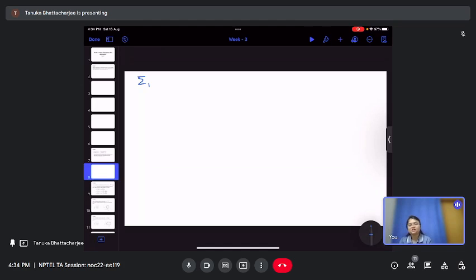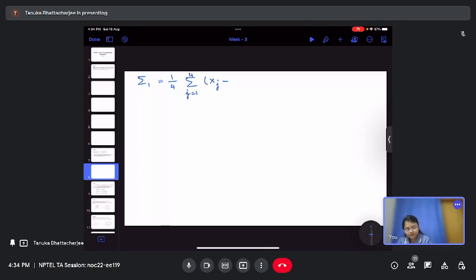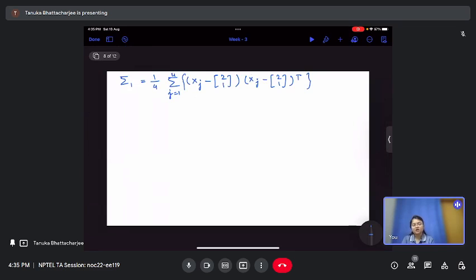So we are computing sigma 1. This will be 1 by 4 because we have 4 samples, summation j equal to 1 to 4, (xj minus mu 1)(xj minus mu 1) transpose. What was mu 1 in this case? Mu 1 was (2, 1). So let us first compute the term within the summation for all values of j.